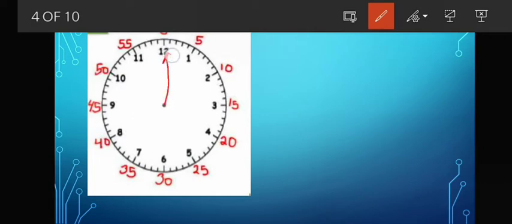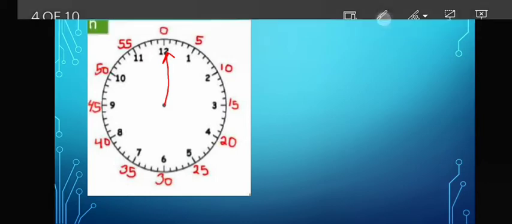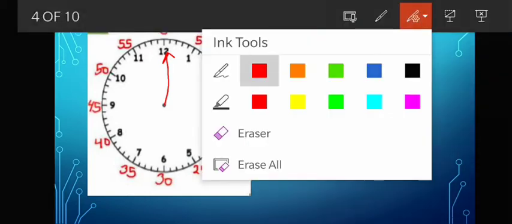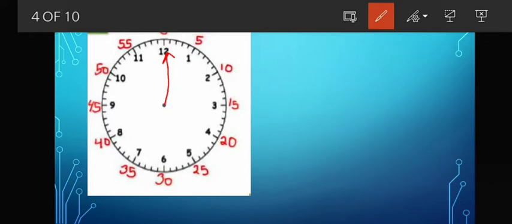This is a minute hand, and this is an hour hand. What is this? Hour hand.